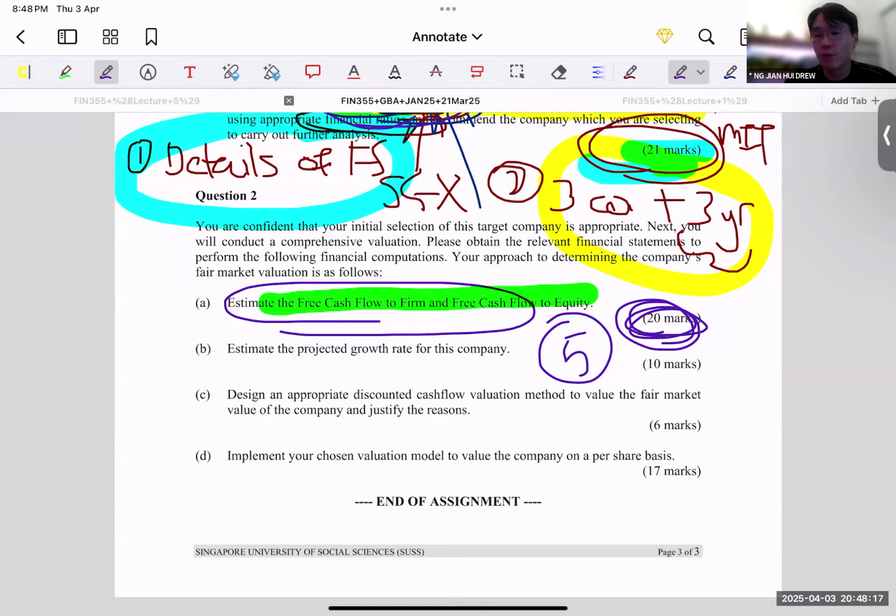Why do you want to remove impairment, let's say, if you feel that it should be removed, right? So just be careful. It is good that you know how to calculate everything, but if you calculate everything without justifying why you use certain values, you will not be able to get full marks.